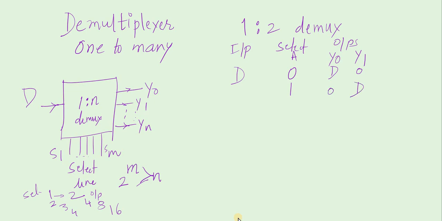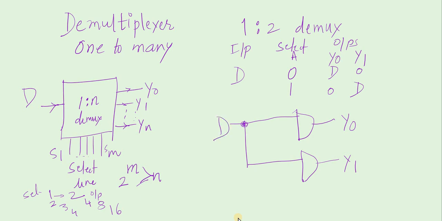As there are 2 outputs, the circuit is more simple than multiplexer. There are 2 AND gates. This AND gate will give output Y0. This AND gate will give output Y1. The signal D will be connected to both the AND gates. So this is D. Now this is a control signal.